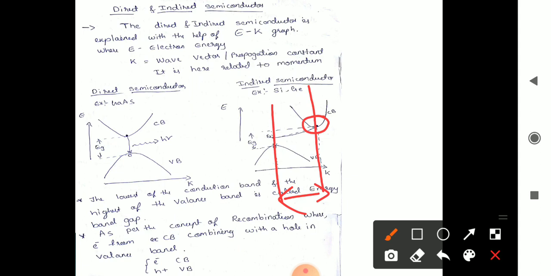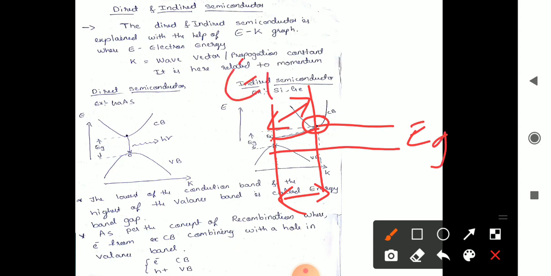When an electron moves from the higher energy level to the lower energy level, it needs a change in the momentum. So the change in momentum is required. So this electron will occupy a new state here in between the conduction band and the valence band, within the gap Eg, which is nothing but Et, over here.